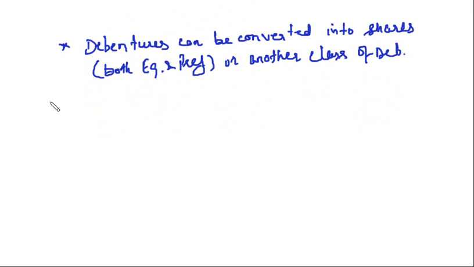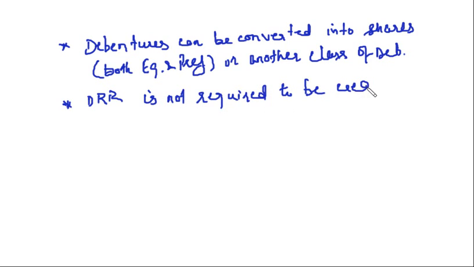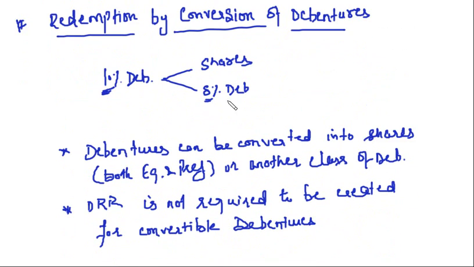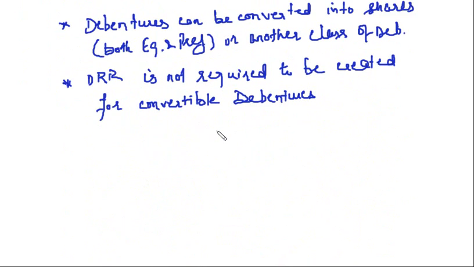So, in case of conversion, DRR is not required to be created for convertible debentures, right? So if you have issued convertible debentures, that means debentures which can be converted into shares or another class of debentures, for those debentures you are not required to create DRR.